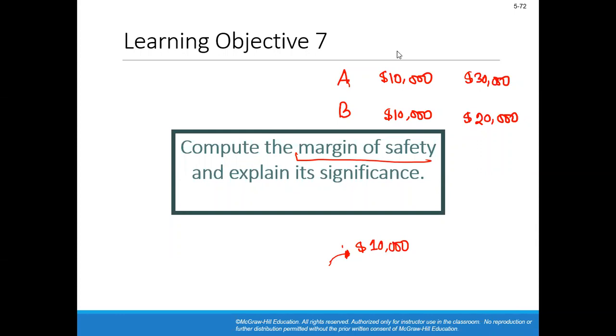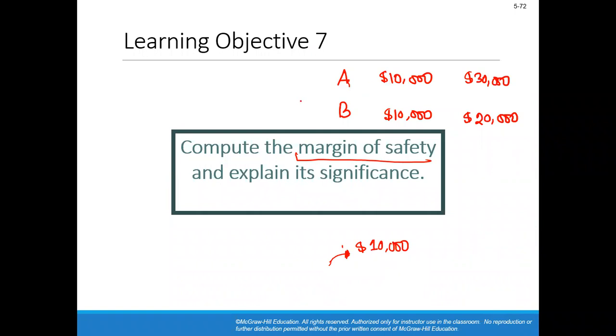What I was expecting is that you see that if some uncertainties arise in the industry, A is in a safer position.